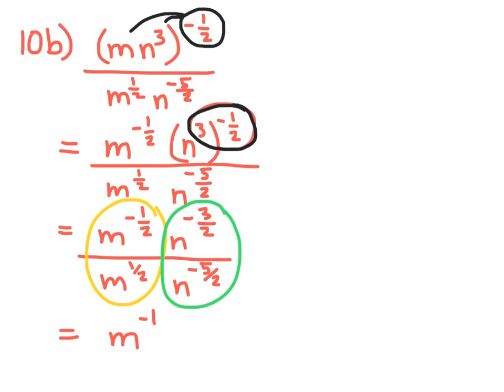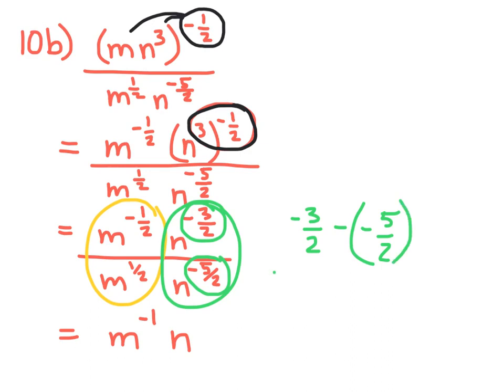So again, the rule states keep the base the same for division, and you're going to subtract those two fractions. So you're going to do negative 3 halves minus, be careful, it's negative 3 halves minus, and then this number, negative 5 halves. So negative 3 halves minus negative 5 halves.